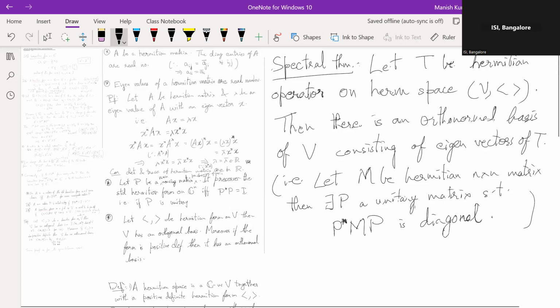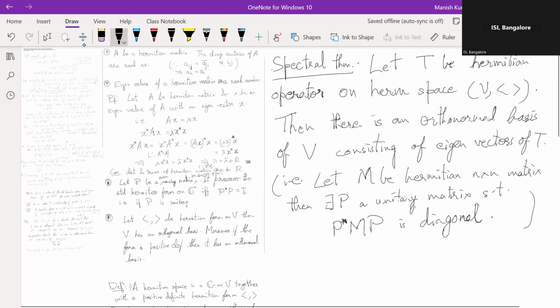And moreover, what can you say about the diagonal entries of this diagonal matrix? Something more you can say? Real, yeah, because we are talking about Hermitian matrices.